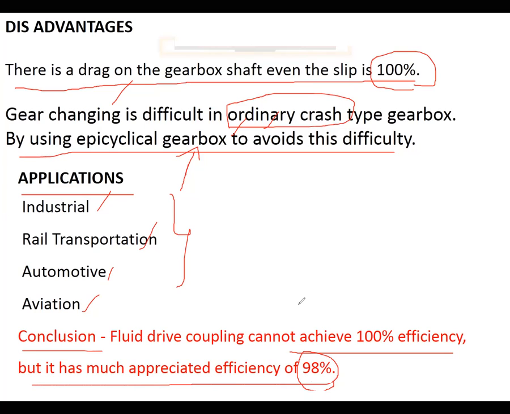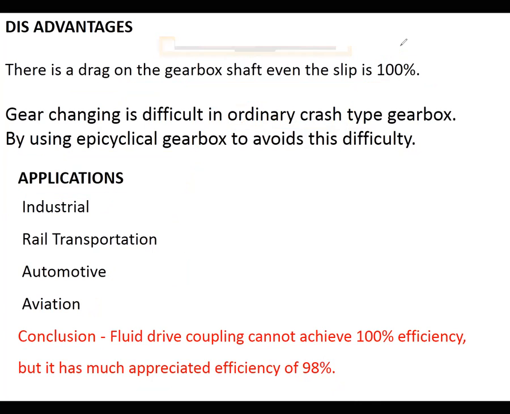Compared to mechanical clutches, the fluid coupling or fluid clutch is more efficient because it provides 98 percent, whereas mechanical clutches cannot give that. We can go for 70 to 75, or in maximum cases 80 percent, because 20% losses are there due to friction. But here the 2% loss comes from the slippages, right? In most cases the slippage takes place here.